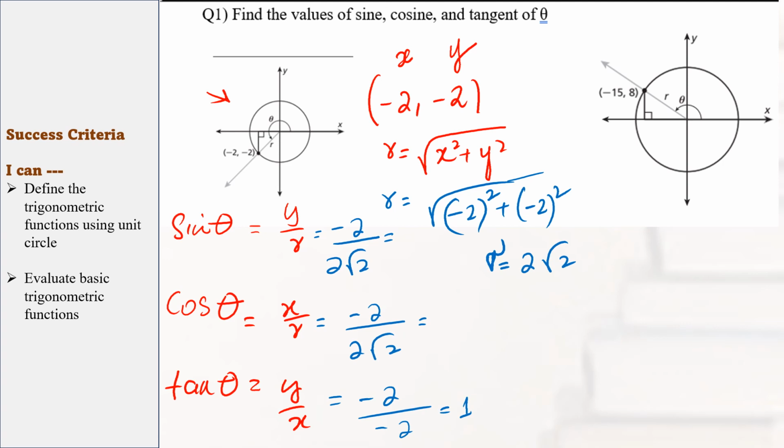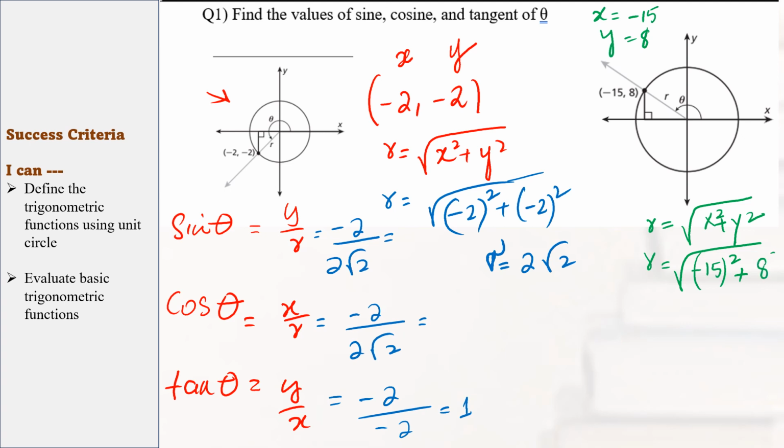Now next question, (-15, 8). So the first thing is we have to find out the r value, which is square root of x square plus y square. So your x is -15 and your y is +8. Replace the values, but when we write the -15, don't forget to make a bracket around it.